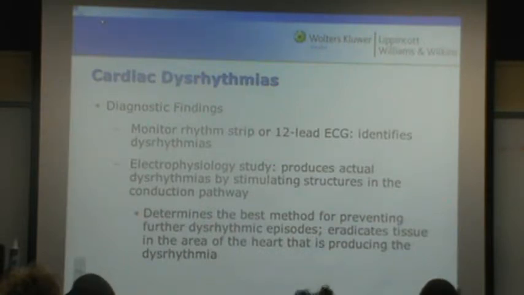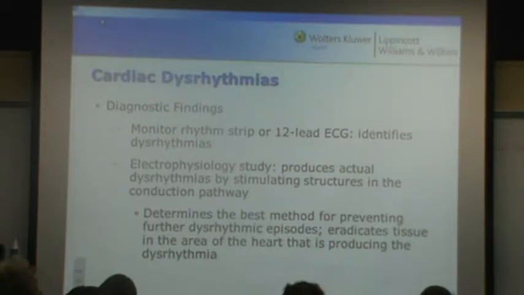They're looking for what we refer to as that re-entry circuit, and then they'll do an ablation where they basically burn out that ectopic tissue, and it oftentimes gets rid of that chronic problem. So a lot of times, like I said, this is something that they do with patients that have had a chronic problem of something like SVT.